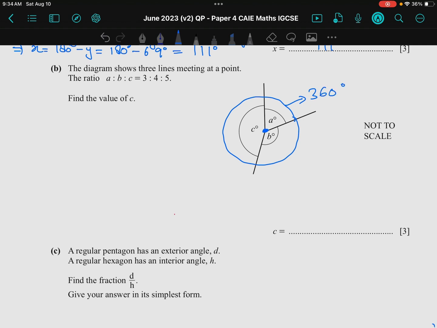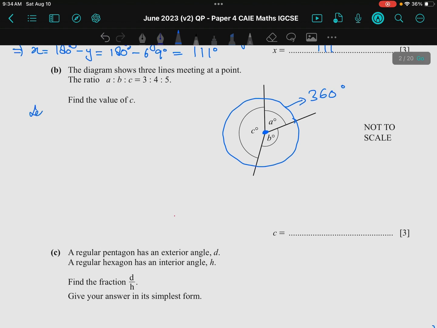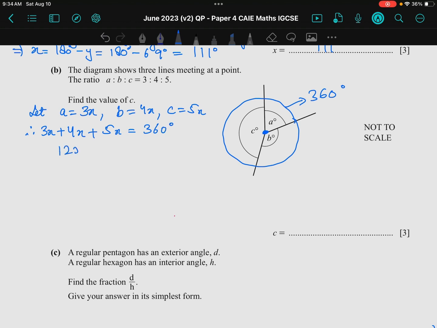So, I will write let A is equal to 3x. From the ratio terms, we will be finding the values. B is equal to 4x. C is equal to 5x. Therefore, 3x plus 4x plus 5x is equal to 360 degrees. That means 12x is equal to 360 degrees.